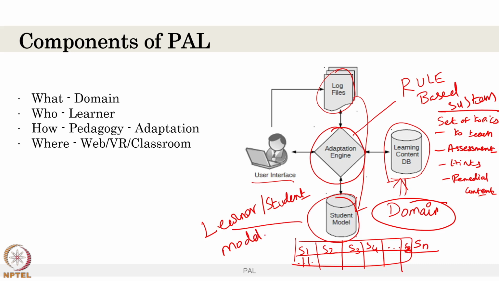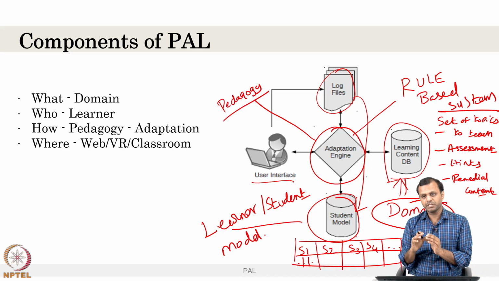How to teach, the brain of the system, is the adaptive logic, the adaptive engine or rules. It's a pedagogy model. So these three are the basic, very key components of a personalized adaptive learning environment.